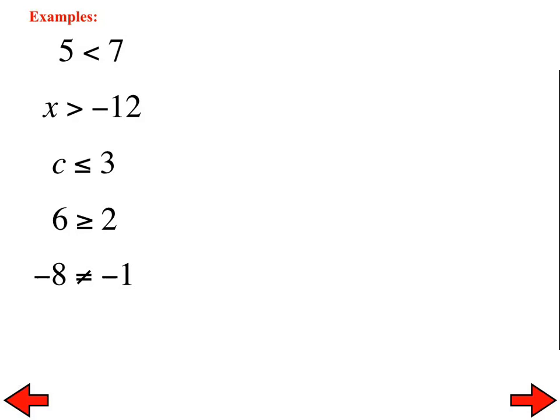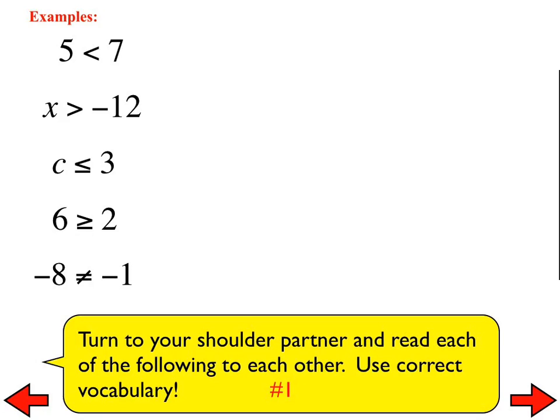So for example, right now, you have 3 ways of saying something that means is less than, right? Is less than is one. What's another way of stating is less than? Fewer than. Okay, or what's a third way? So you have 3 ways. I'm only asking you to phrase them 2 ways that represent the same thing. Everybody clear on what I want you to do? Yes. This should only take maybe a minute to a minute and a half. So turn to your shoulder partner and make sure you use correct vocabulary.